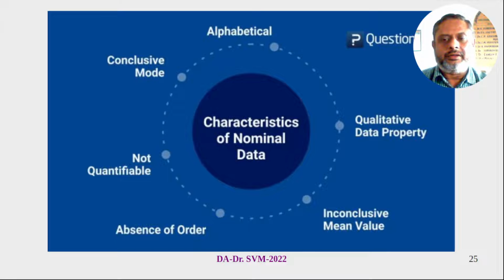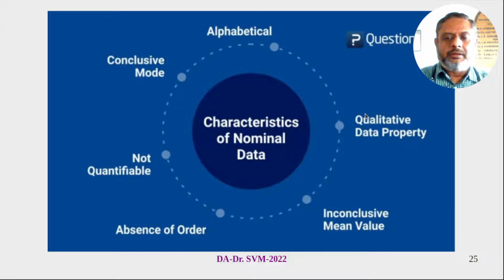So mean is not conclusive. You can't find the mean of that. So you can say number of male, number of female, yes, that is countable. But just male and female, you can't find the mean of male, mean of female and all that. But yes, mode you can find.